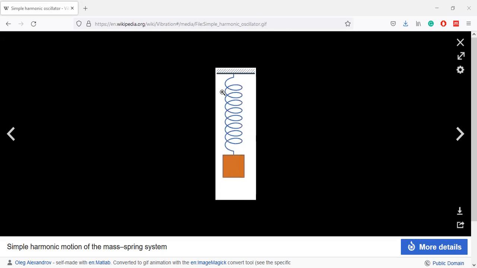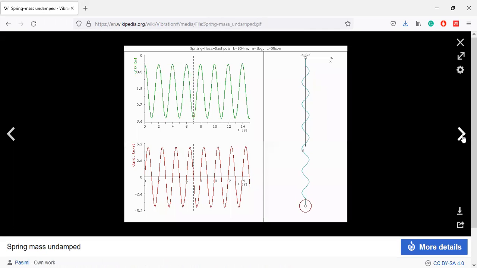So this is a free undamped, or simple harmonic, motion of a simple spring mass system. Let's see what we are going to see on that. This is the case of free vibration and undamped free vibration.